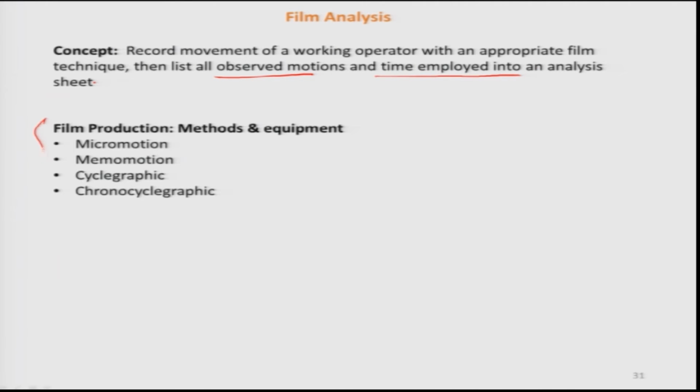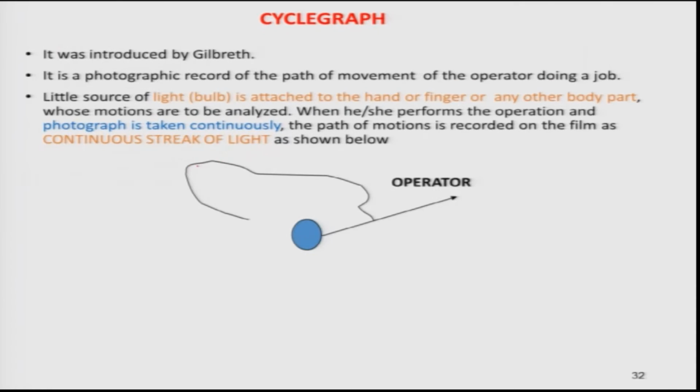These are the film production methods available: macro motion, memo motion, cyclegraph, chronocyclegraph. Macro motion is the slow recording of an operation. I will explain some of them in the next slide. Now, the cyclegraph is a film analysis video recording technique. It was introduced by Gilbreth first.